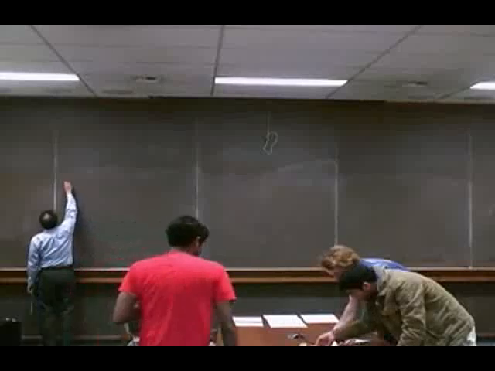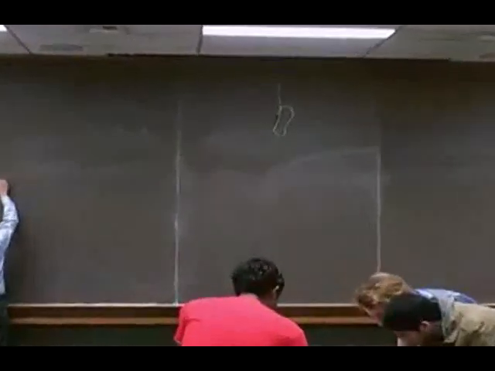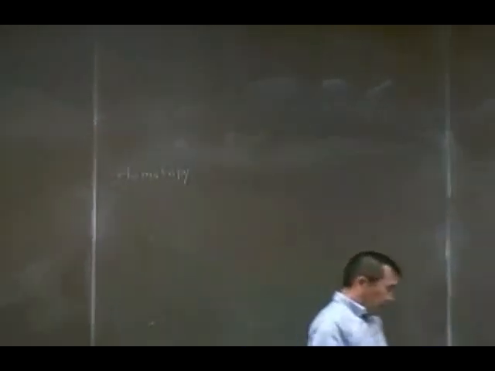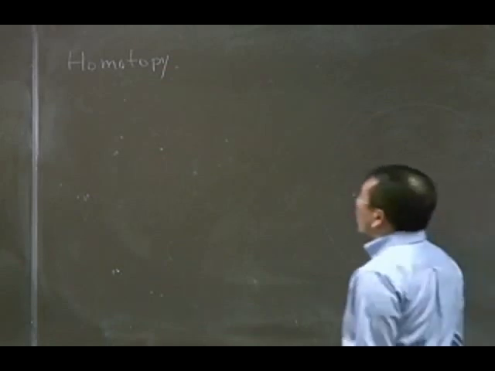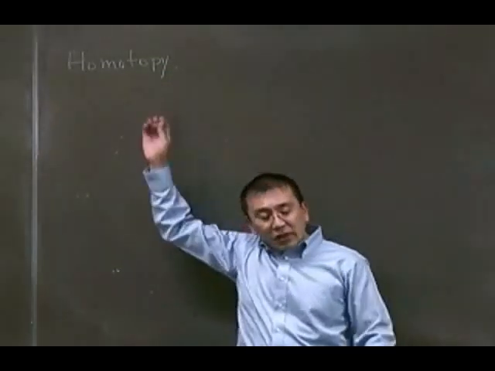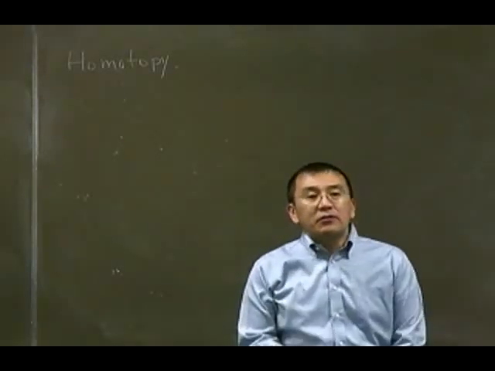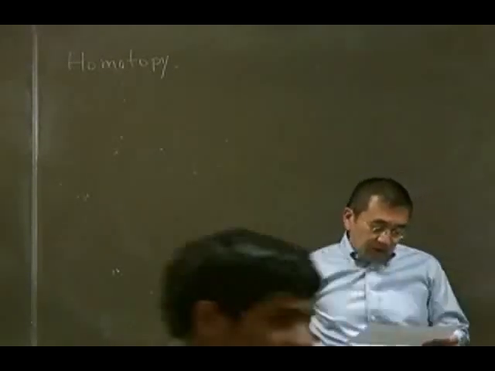So today I will tell you about homotopy. This is another way to study and classify topological spaces. Homotopy has to do with how you classify maps from one topological space to another.